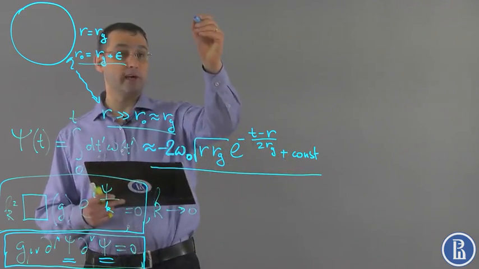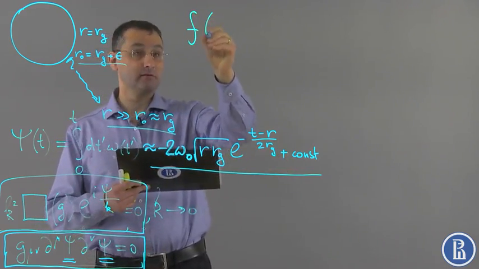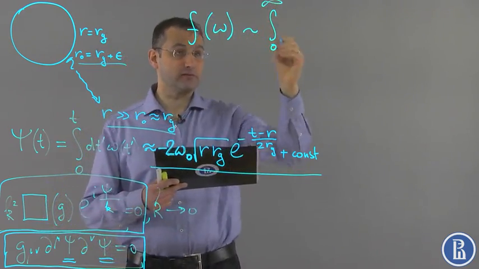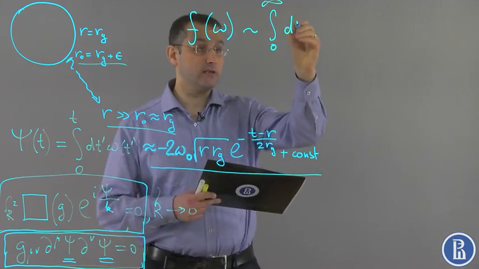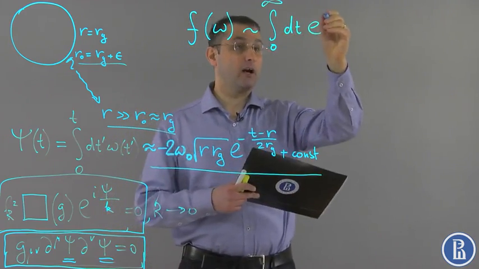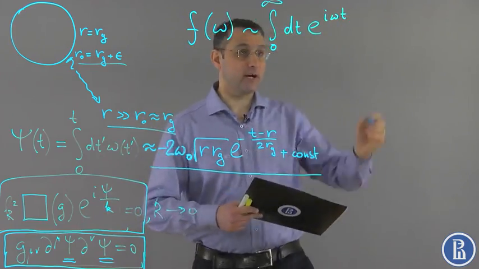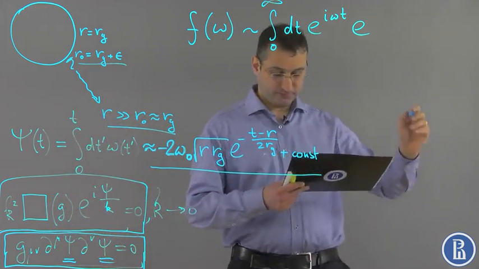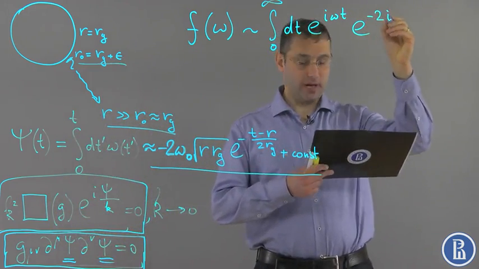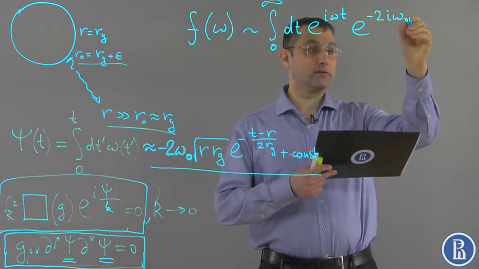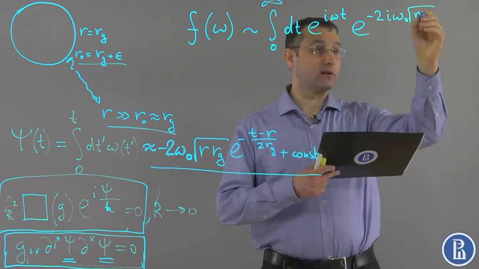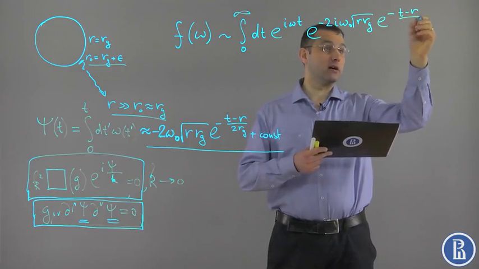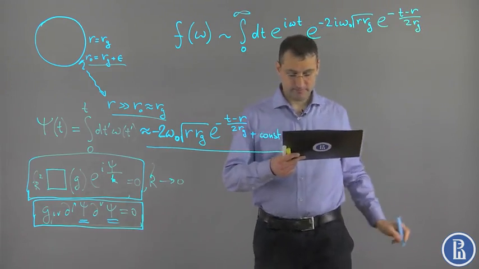So we want to make its Fourier expansion, which is the integral from 0 to infinity over dt times exponent of omega t times the exponent of this expression, minus 2i omega 0 square root of r times rg, times t minus r over 2rg.